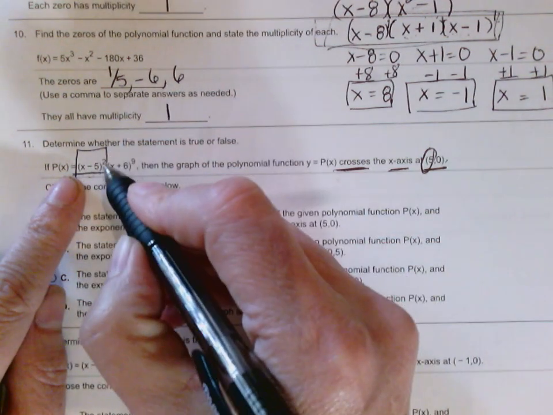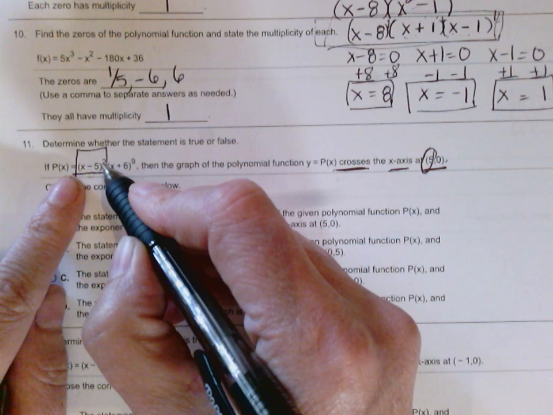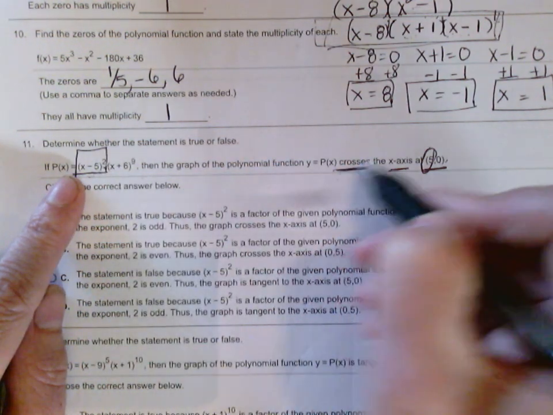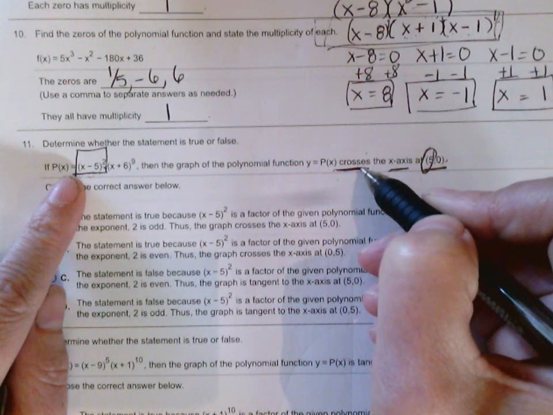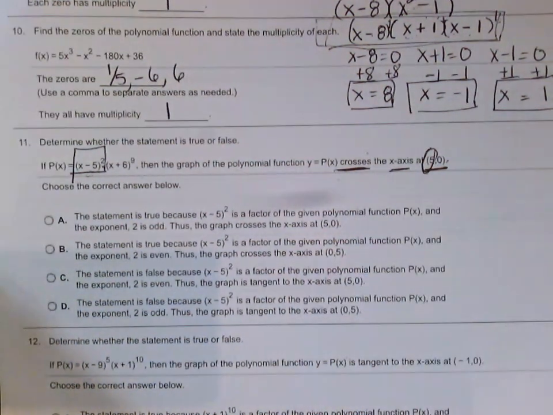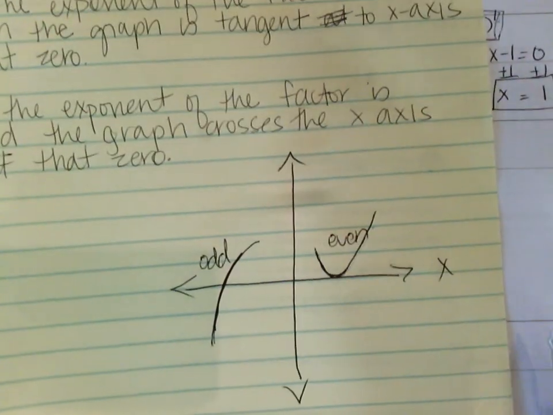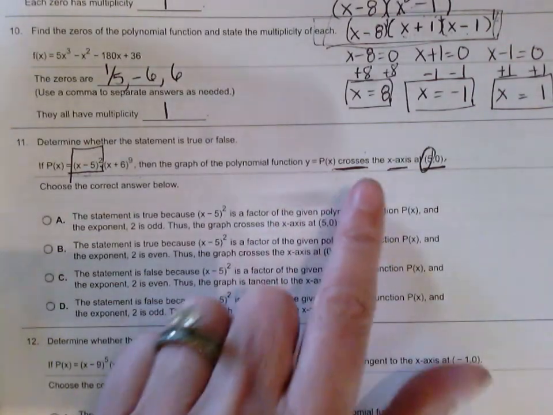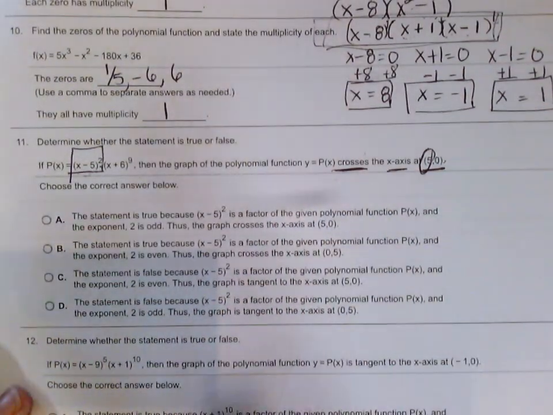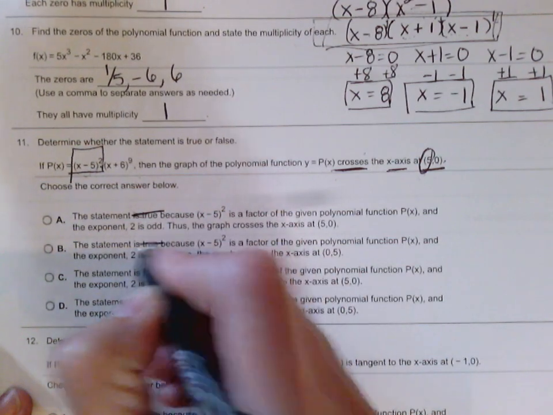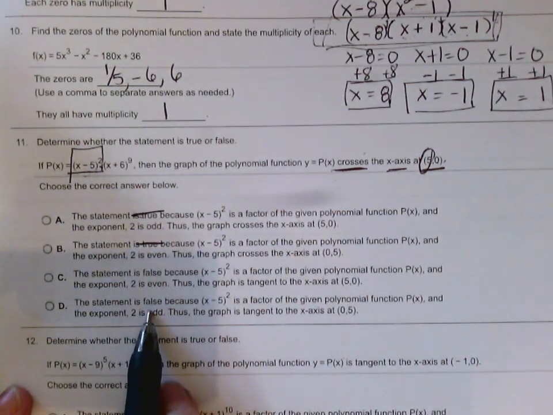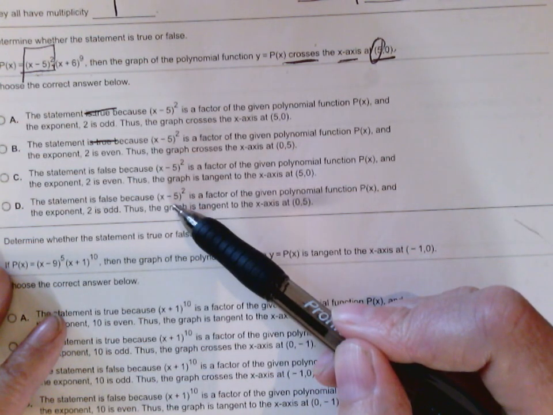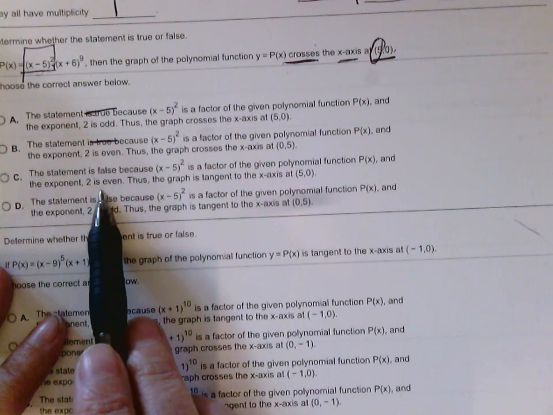What is this factor's exponent? It's a 2, which means it's even, which means it is not crossing, because even exponents tell you that the graph is tangent to the x-axis. So this statement is going to be false, because x minus 5 is a factor and the exponent 2 is even.